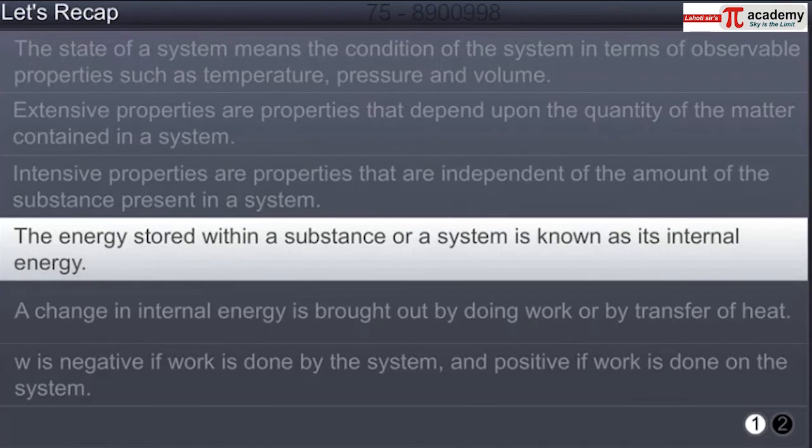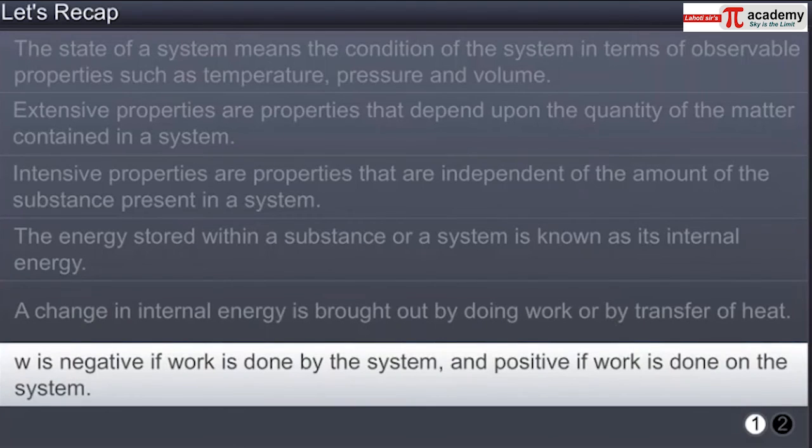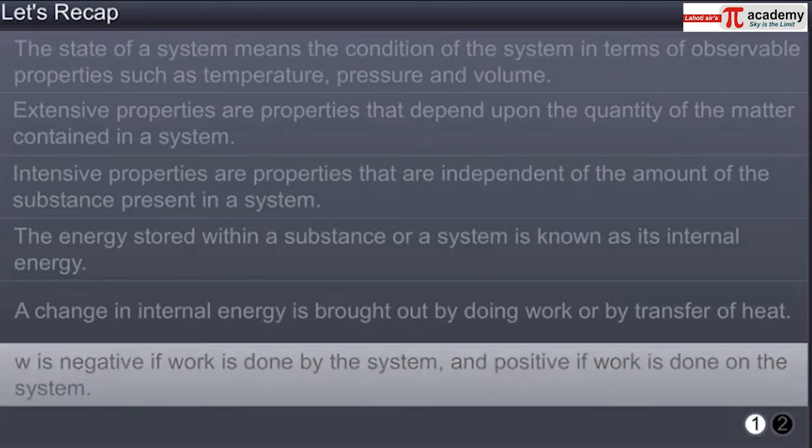The energy stored within a substance or a system is known as its internal energy. A change in internal energy is brought out by doing work or by transfer of heat. W is negative if work is done by the system and positive if work is done on the system.